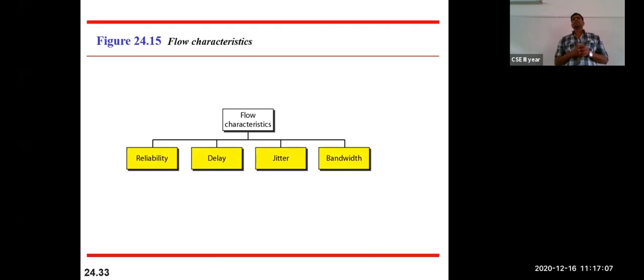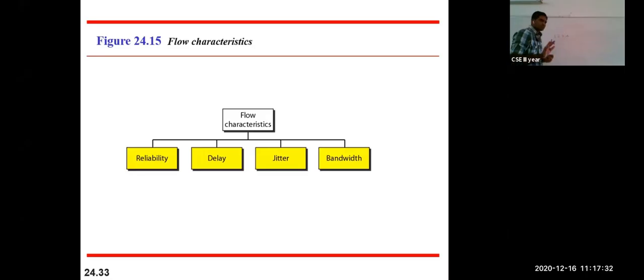What is jitter? Jitter is something a little bit different to understand here. Look at this. There are 4 frames transmitted, 1, 2, 3, 4, one after the other. Generally it takes 20 milliseconds for a packet or frame to reach the destination from the source.